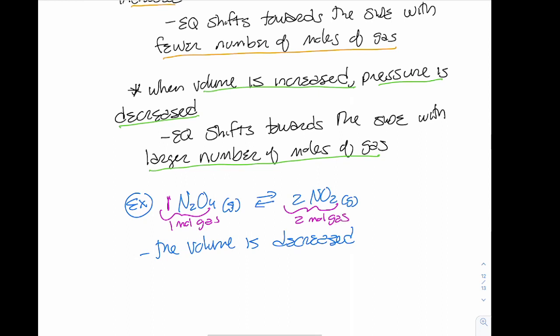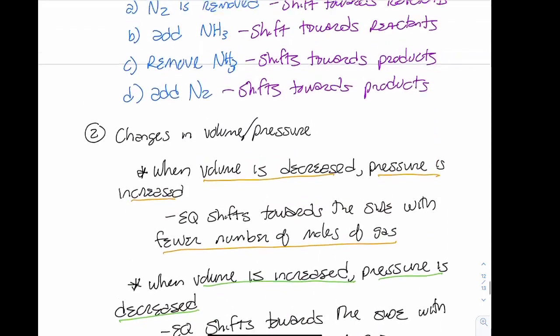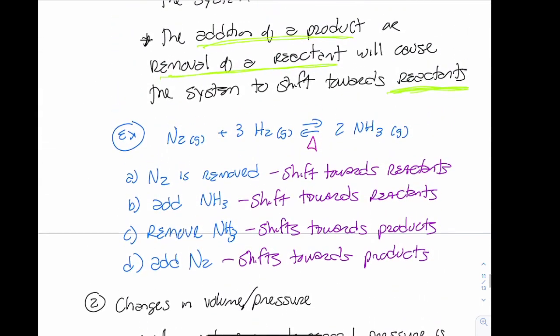If there were 2 actual products, and they were both gases, I would add them together. If we go back up and look at this one real quick, on this side, if we were to add a gas question to this one, I actually have 4 moles of gas. I have 1 nitrogen and I have 3 hydrogen.